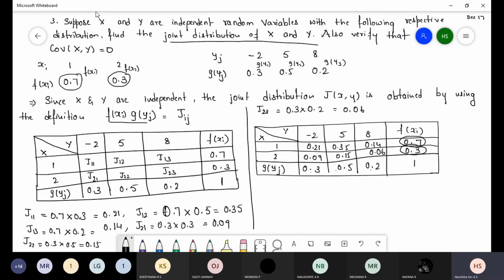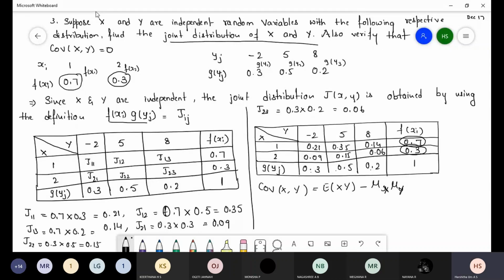Next, covariance of x comma y is equal to E of xy minus mu x into mu y. Here also E of xy.